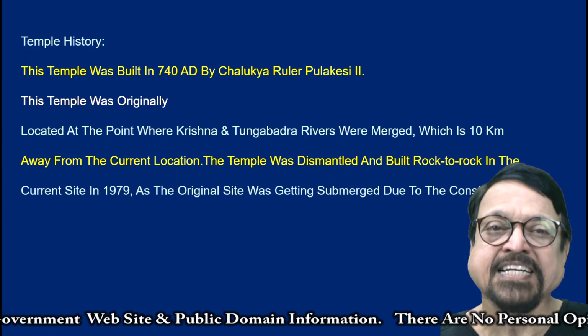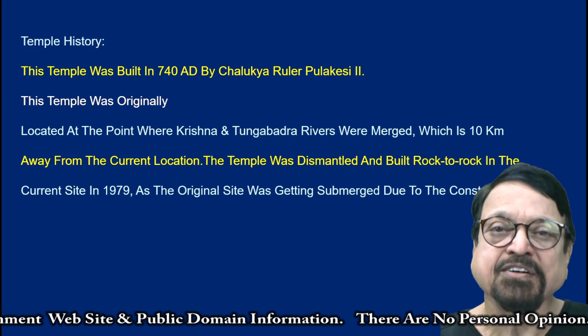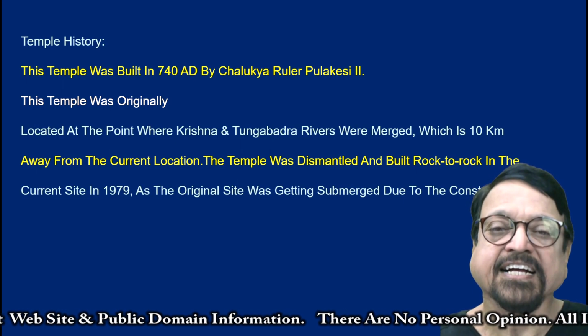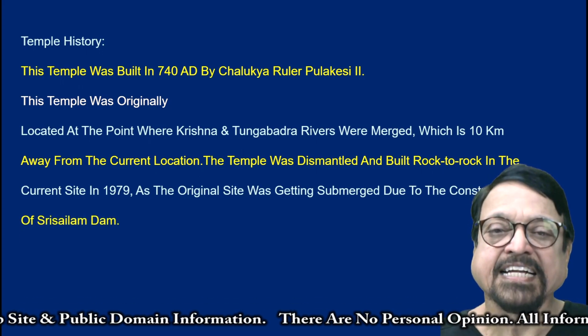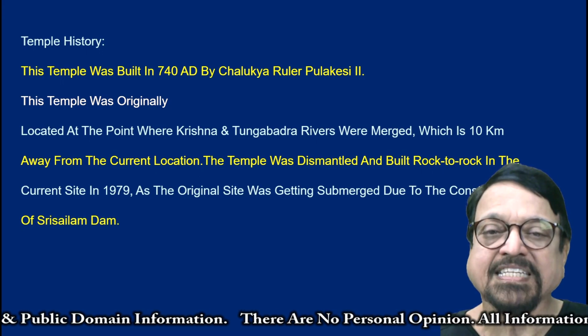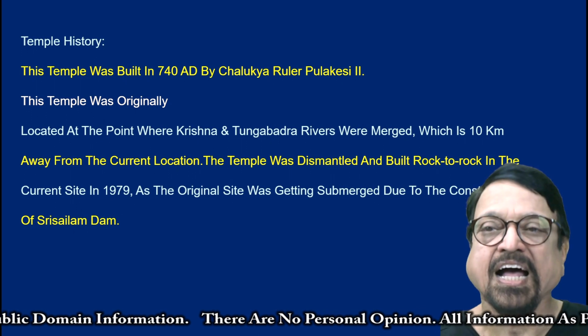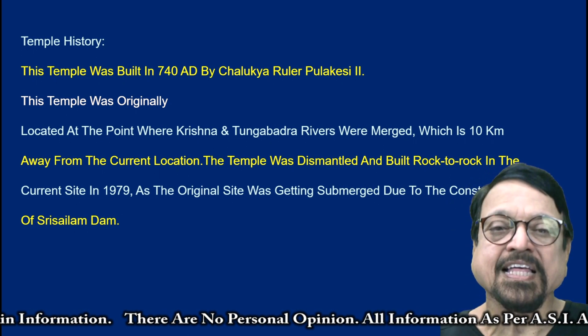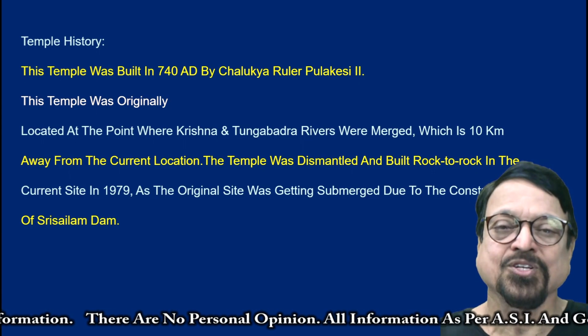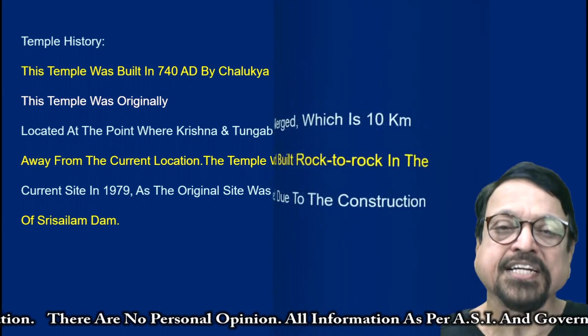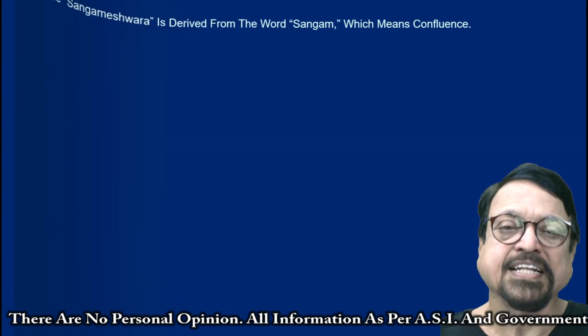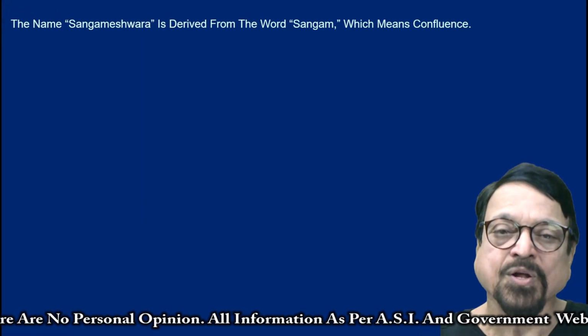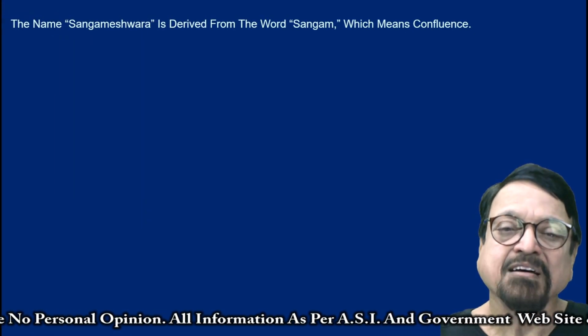So to save it from submerging, they reconstructed this temple. They took all the stones, the same as in the original, and brought them here. What was the dam? It is the Srisailam Dam. So it is around 10 kilometers from the confluence where the temple was shifted and relocated to Alampur.